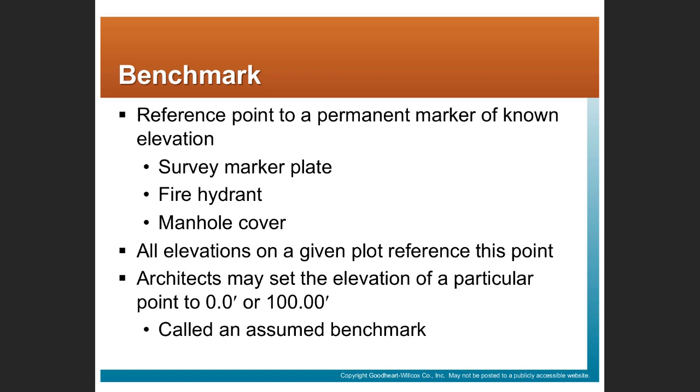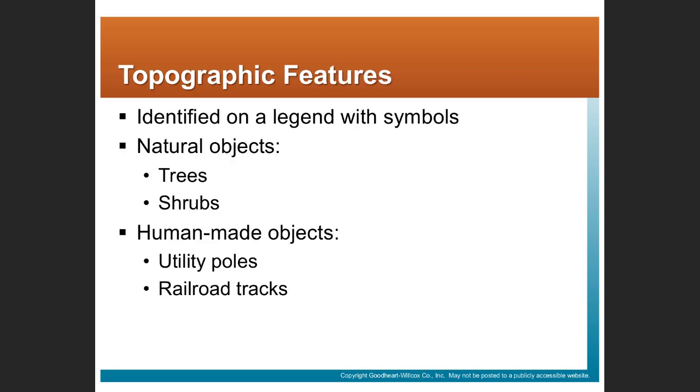So we could have a manhole cover that we assign as elevation 0.0, and then all our contour lines would be numbers above or below that manhole cover or fire hydrant, right? That's called an assumed benchmark. So again, a benchmark is a reference point that these contour lines or grade lines are being referenced to, right?